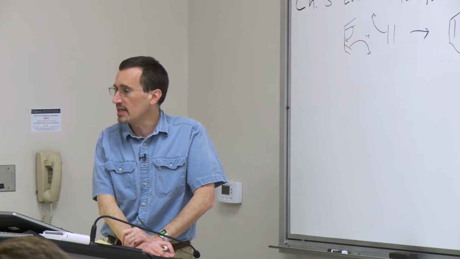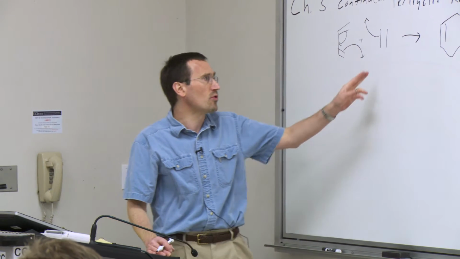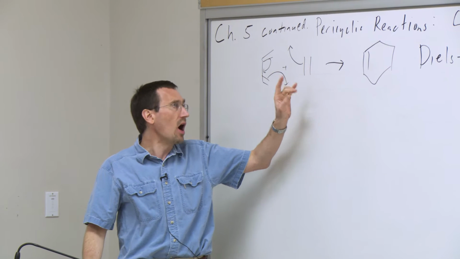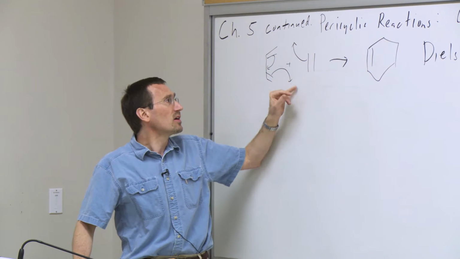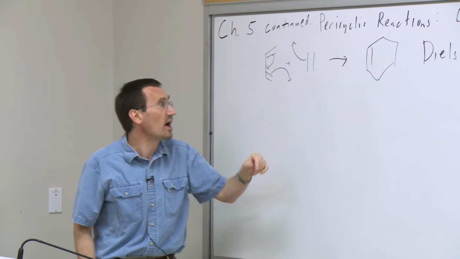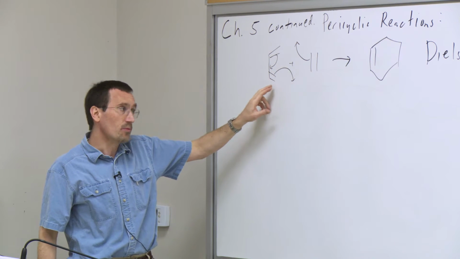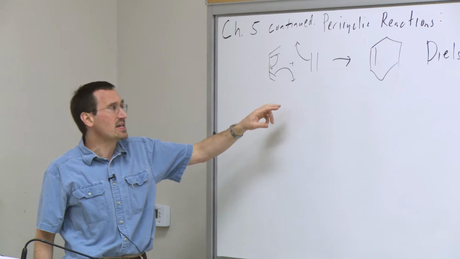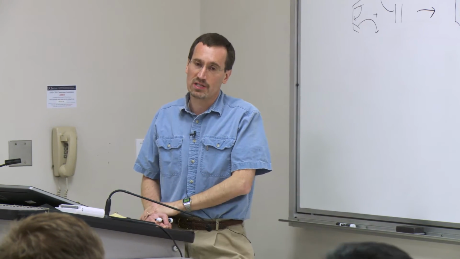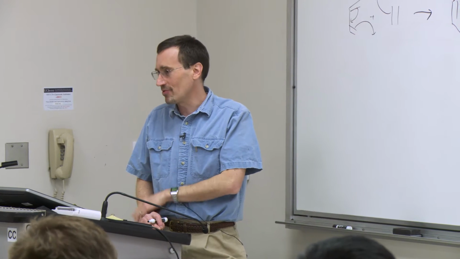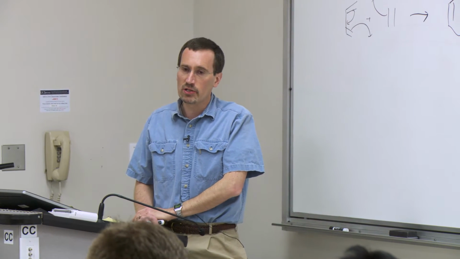You typically need to have an electron withdrawing substituent on the alkene component, or conversely, you can have electron withdrawing substituents on the diene and an electron donating substituent on the alkene. That's called an inverse electron demand Diels-Alder reaction.